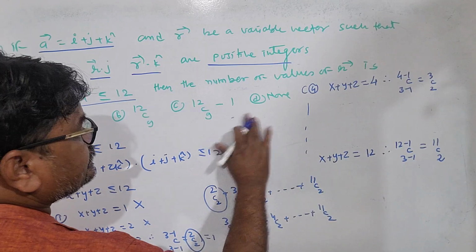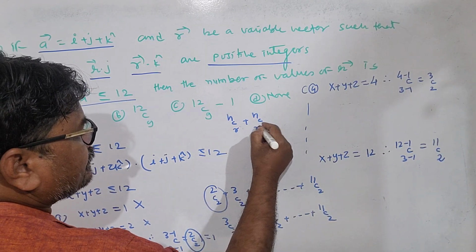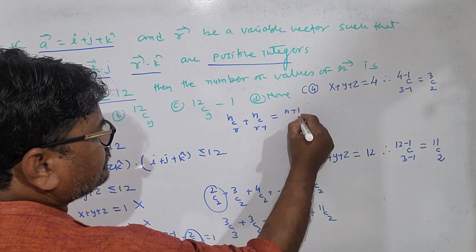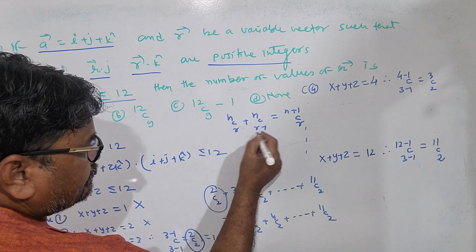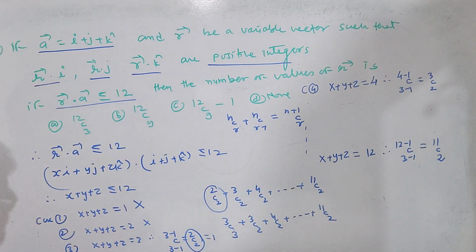Now I am using the next formula, that is nCr plus nC(r minus 1) is equal to (n plus 1)Cr. Can we apply? Yeah, easily we can apply.